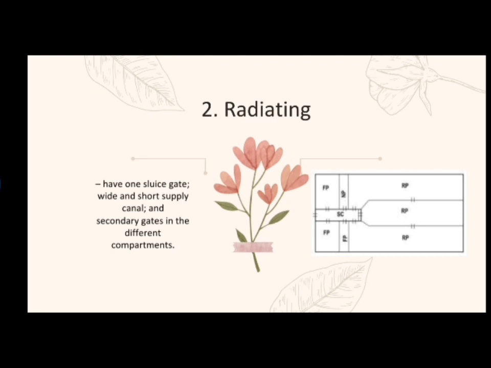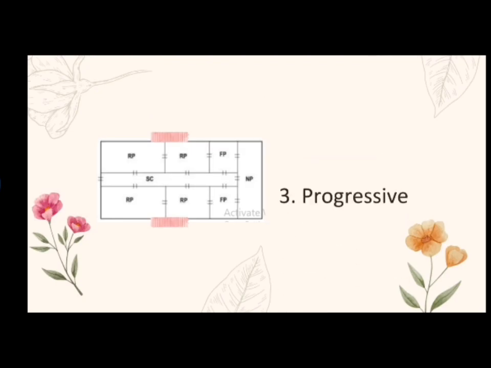And the difference between rotating and conventional is the supply canal is different. The conventional has a long supply canal and the rotating has a short supply canal. So the third one is progressive.